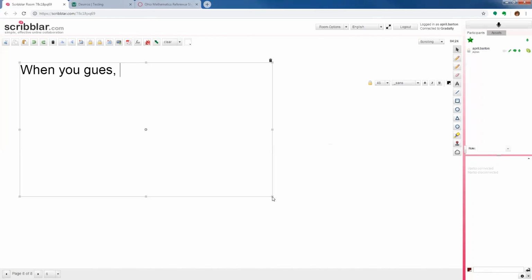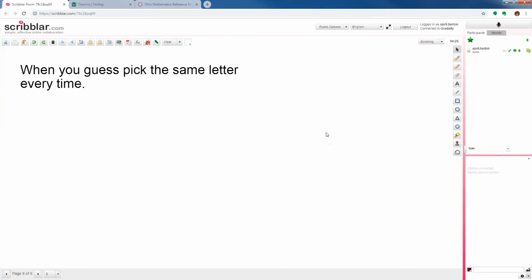Pick the same letter every time. There's actually math that proves, if there's 5 answer choices and you pick A every time, you're going to get 20% of those correct. Or if there's 4 answer choices and you pick A every time, you're going to get 25% of those correct.